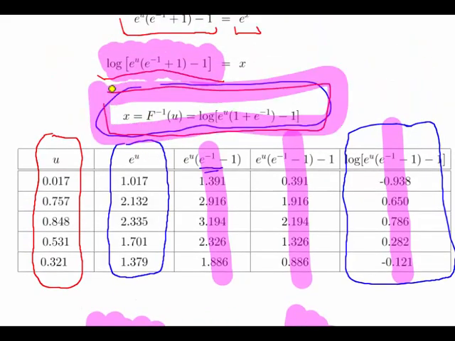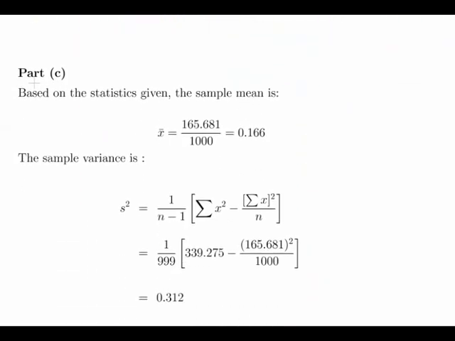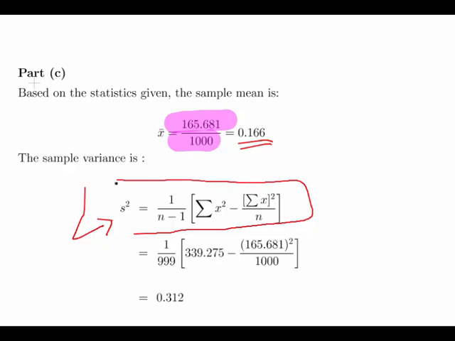Now, based on the statistics given, we have 1,000 observations. The sum is 165.681. That means that the mean is 0.166. We use this expression here to find the sample variance. That's just the standard variance formula.